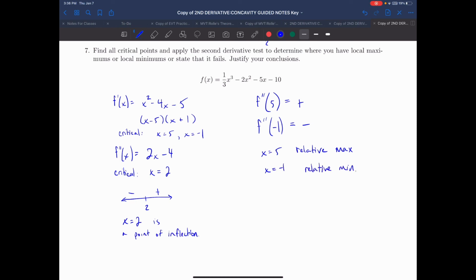So this is a little confusing because we're taking critical points from the first derivative to plug into the second. And then the second derivative, we set it up the same way, find its critical points, and those tell us different things. So you do have to keep this straight, and you might want to revisit the first derivative test to make sure you can keep that straight.